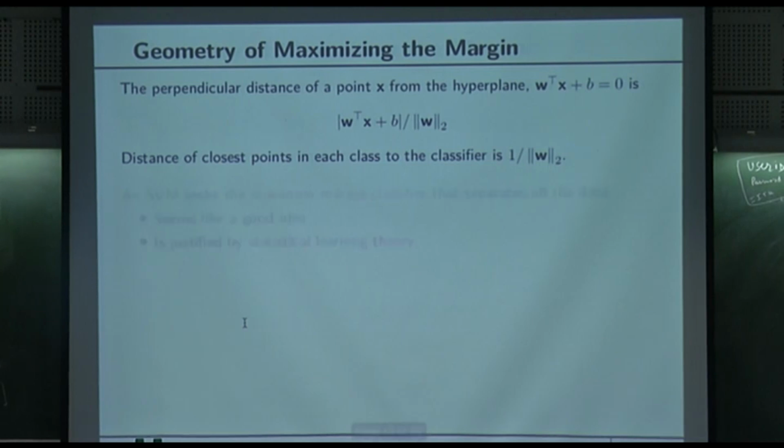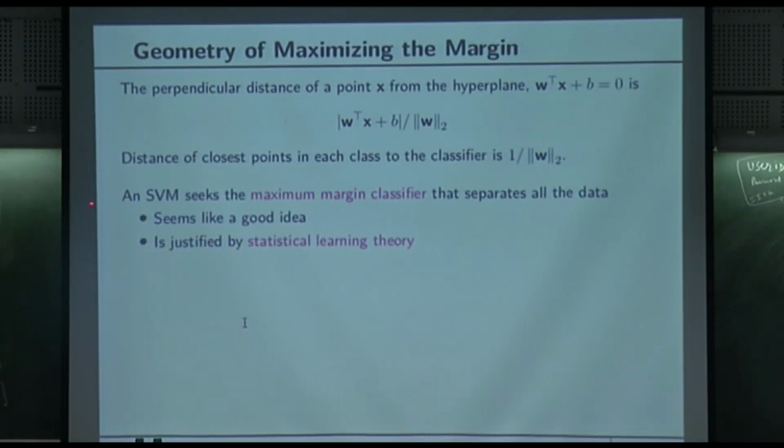Okay, very good. So what I'm going to do is that a support vector machine, an SVM, seeks the maximum margin classifier that separates all the data. It maximizes the margin, which means that it minimizes the norm of W, that will make sure that the points are as separated as possible. Why do we care about that?